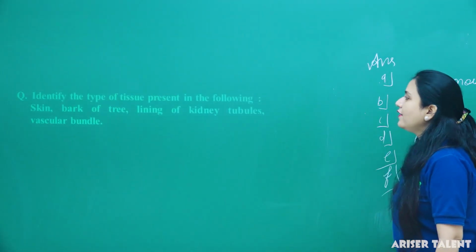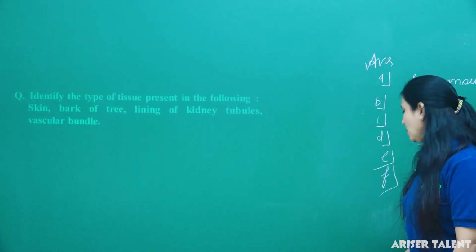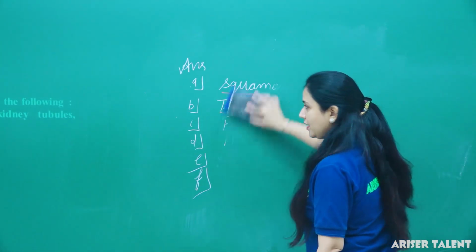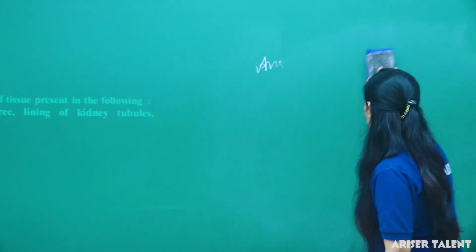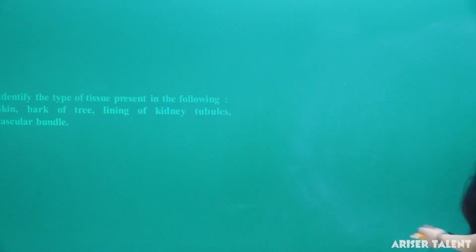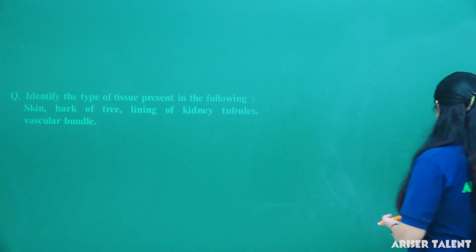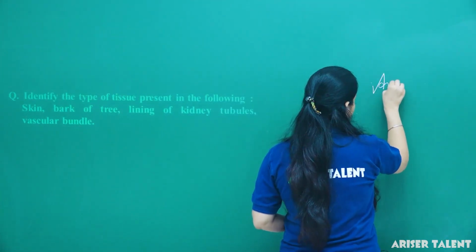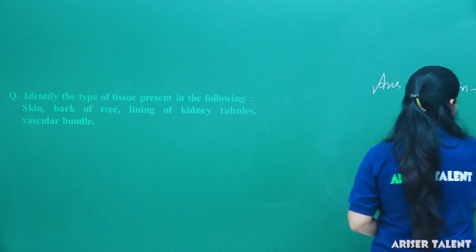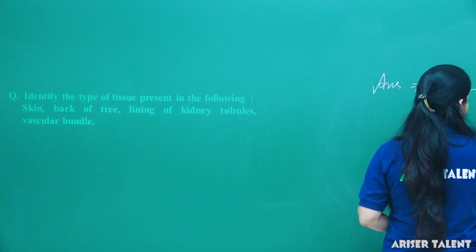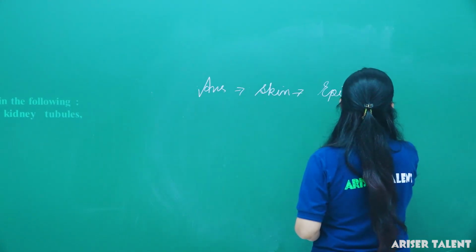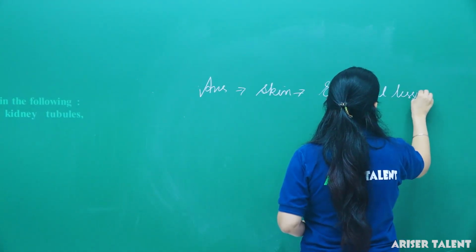Next is: identify the type of tissues present in the following. Number one is skin. Skin has epithelial tissue because it is the outer covering. And which epithelial?